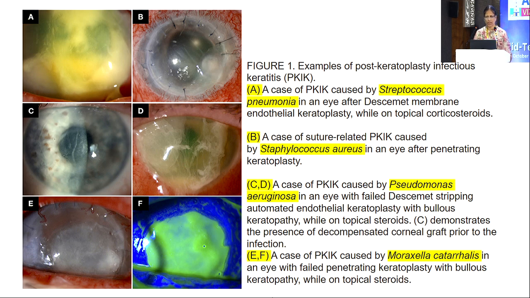The most common organisms are Staphylococcus aureus or Streptococcus. In C and D, it is Pseudomonas aeruginosa causing the infection in a failed Descemet stripping endothelial keratoplasty, and in E and F, Moraxella catarrhalis.